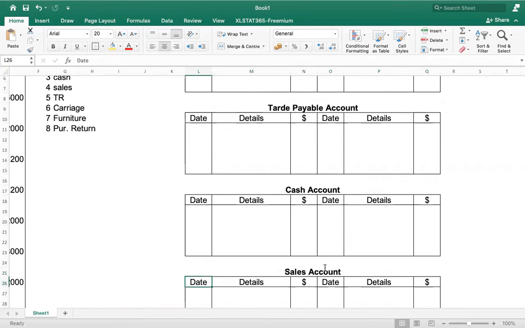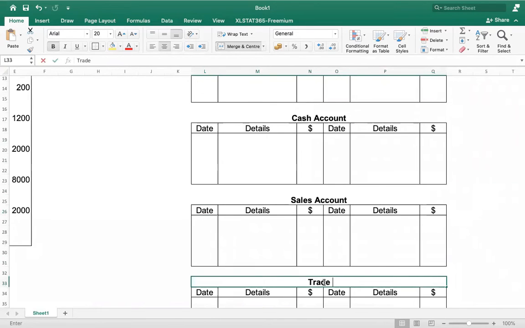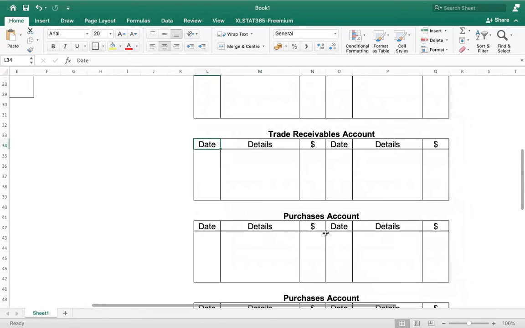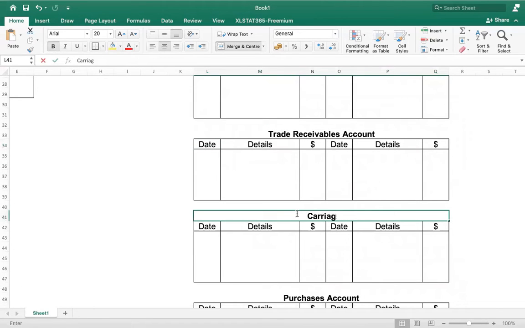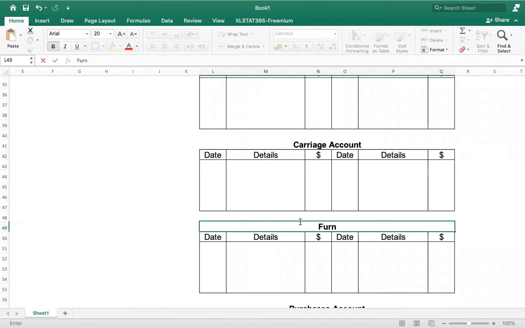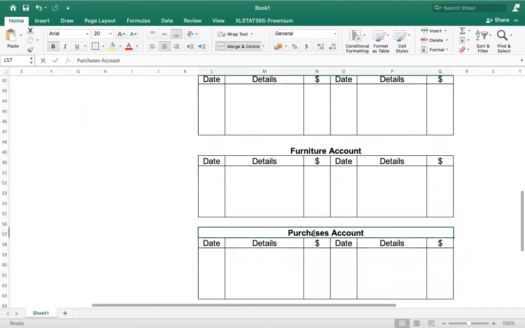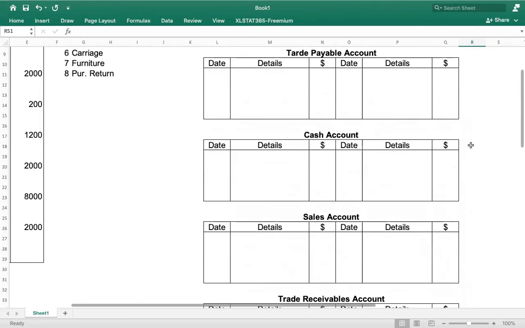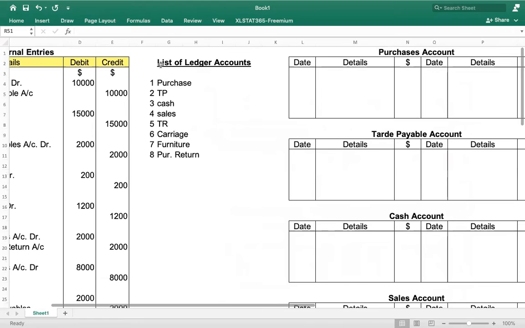Next is trade receivable account, then carriage account, furniture, and purchase return account. So I have prepared all the accounts. The format is done. Now we need to understand ledger posting.